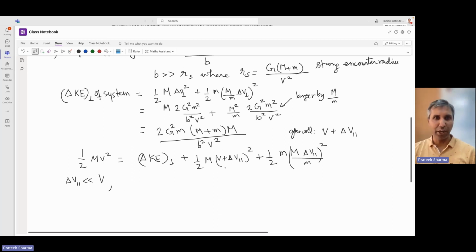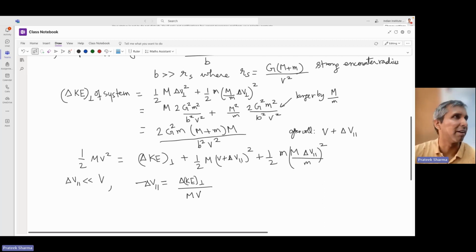Then if we ignore the quadratic delta V parallel squared terms and retain just the linear terms, what we get is minus delta V parallel equal to delta KE perpendicular divided by capital M V. You'll have this 2 times capital M V delta V parallel, and that's essentially what you retain.